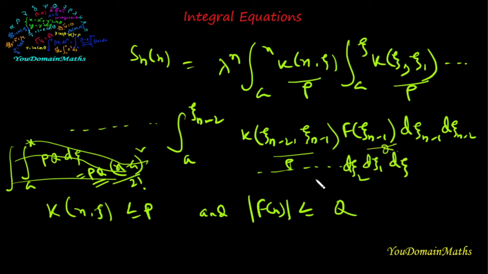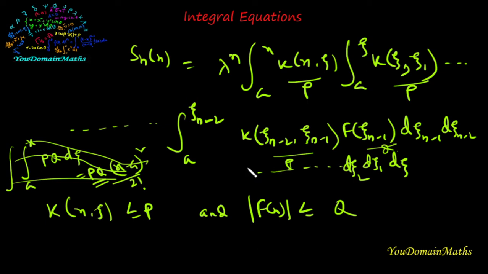So we see that q is 1, and the kernel, that means p, is in here n times, because the integral sign is n times in number. So p is n times.